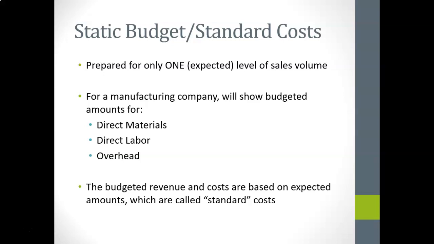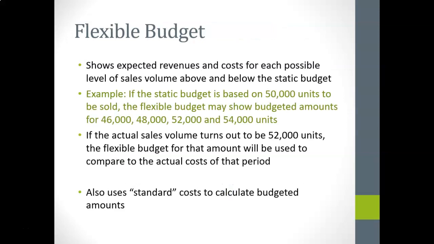Each separate direct material will be listed out and budgeted, and direct labor and overhead. These budgeted amounts are based on the expected amounts we have to pay, which we're going to research and come up with, and we call those standard costs.